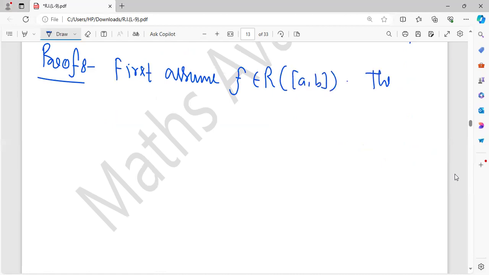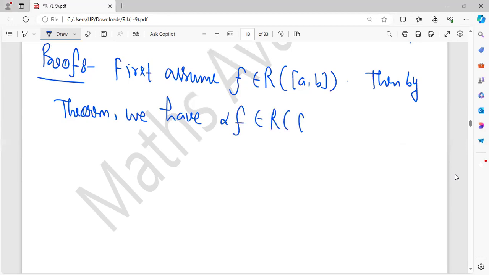Then by the theorem, just the theorem we have proved, we have alpha f belongs to R[a,b] for alpha belongs to R and alpha is non-zero.